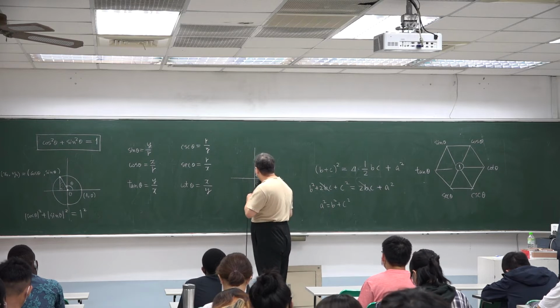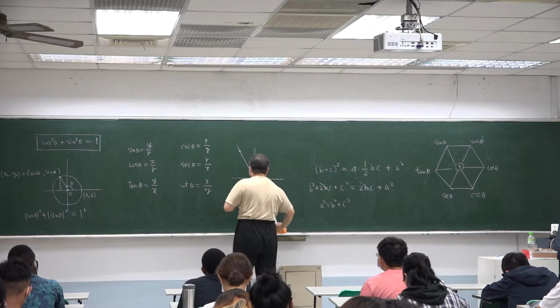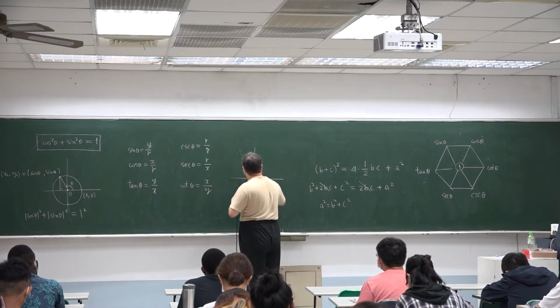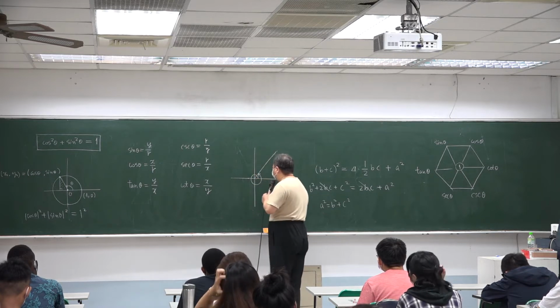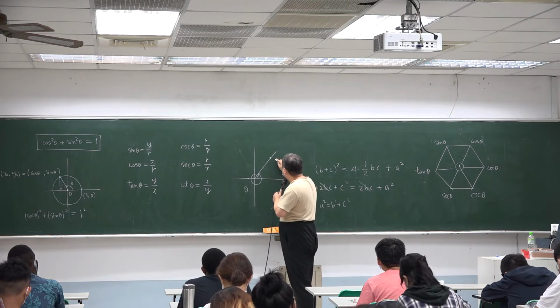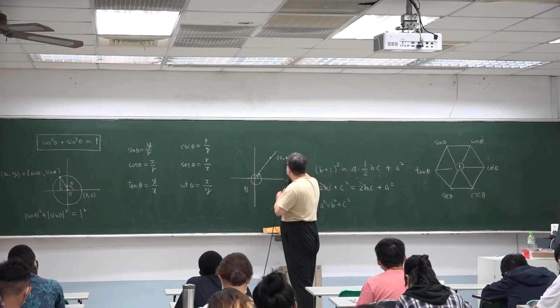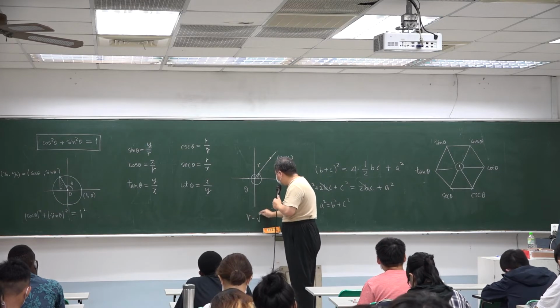When theta is given, maybe more than 2 pi, theta is a real number, we can choose a point x, y, and compute the length r here, where r equals the square root of x squared plus y squared.